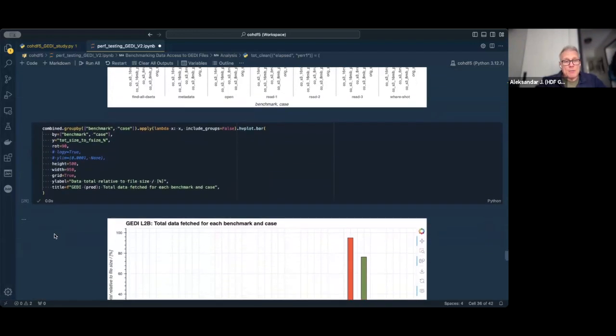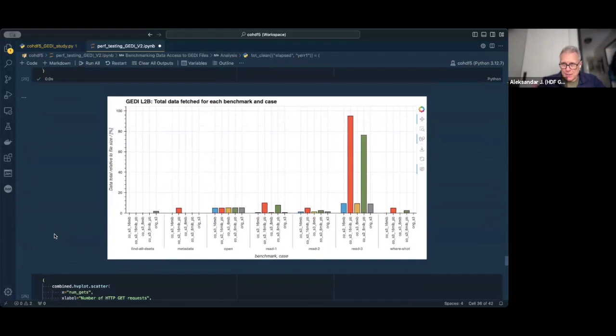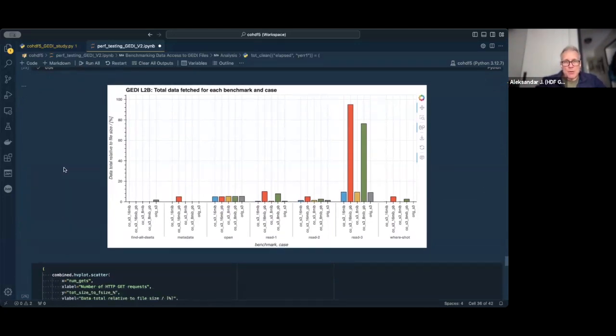And that's also one of those useful data. The other one that I said, okay, these are the HTTP requests, but how much data was actually brought in from that file for these HTTP requests? Because the number of requests is one thing, how much data each of those requests requested is another. And so I did this comparison as well. I simply summed up all the bytes that were requested per benchmark and all that. And as you can see, there's interesting cases.